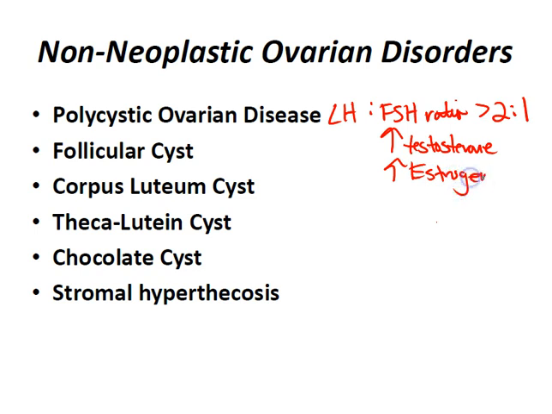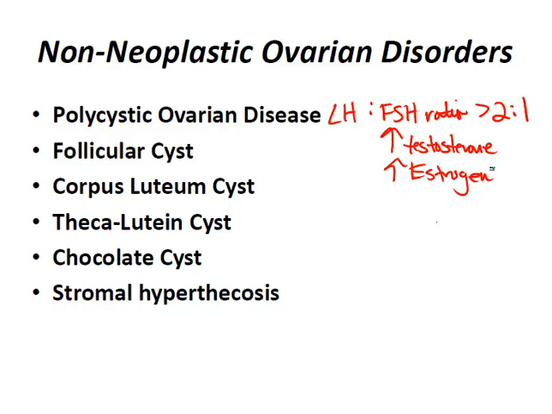The classical presentation is an overweight young woman presenting with these signs: oligomenorrhea, hirsutism, that's the one I want you to remember, virilism, infertility, and insulin resistance. The insulin resistance is seen in about 50 to 70% of women with polycystic ovarian disease.